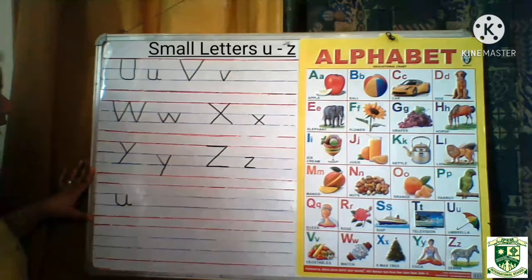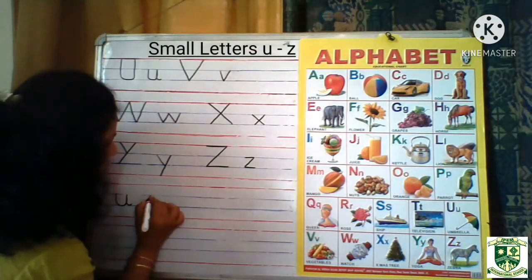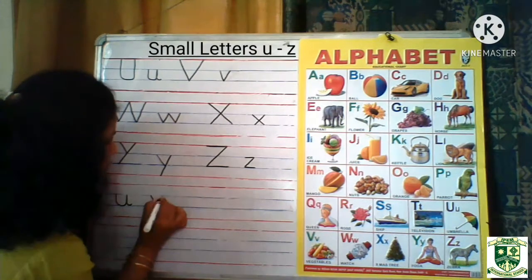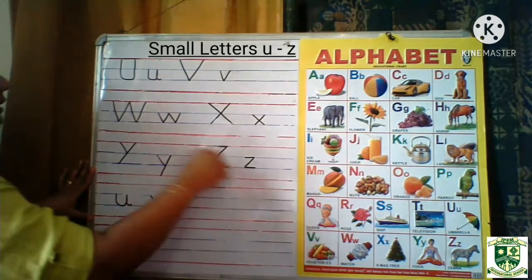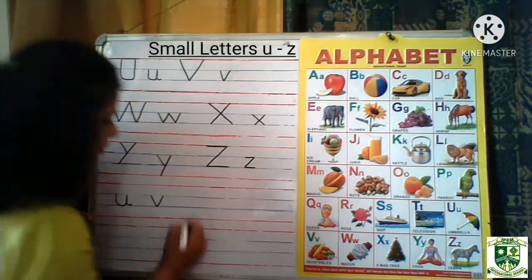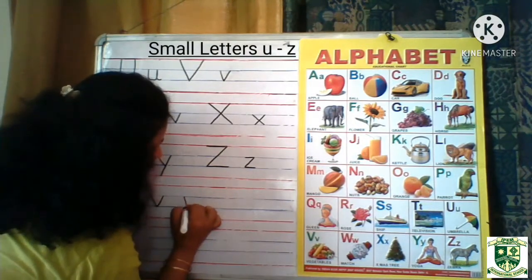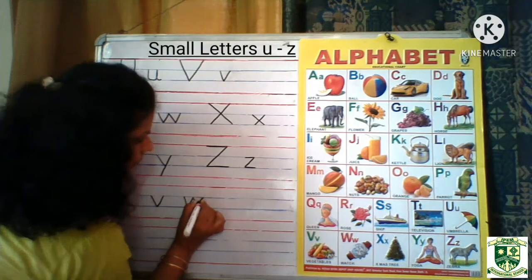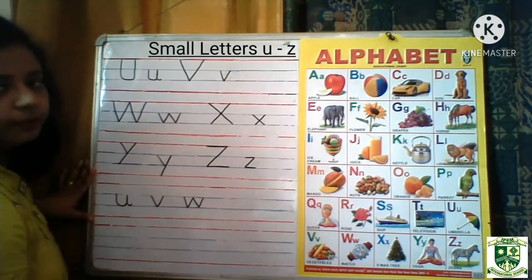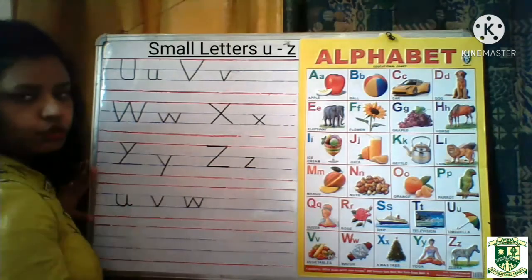This is how we'll write small u, then small v, two opposite slant lines in between the two blue lines. Very good. Then how will we write w? In a zigzag pattern in between the two blue lines. Up, down, up. Like this we'll make a zigzag pattern for W in between the two blue lines.